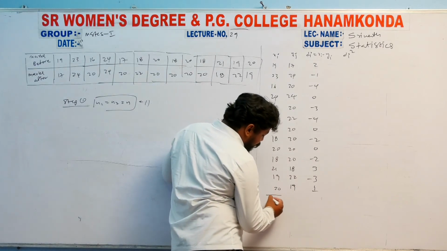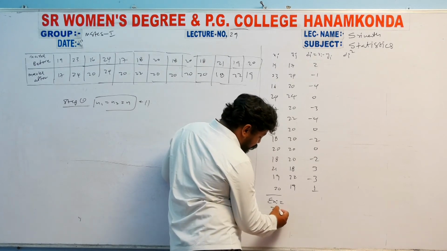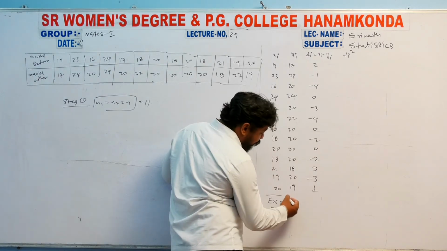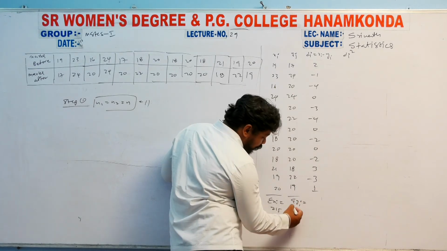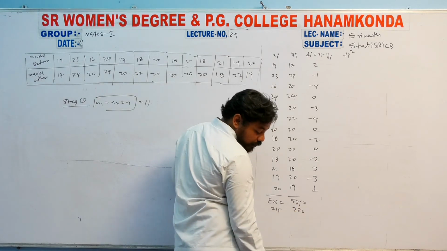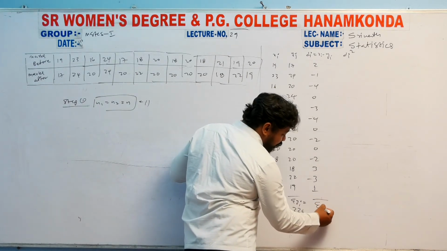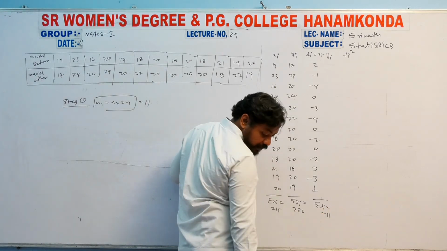Summation xi is equal to 215, summation yi is equal to 226, and the summation di is equal to minus 11.